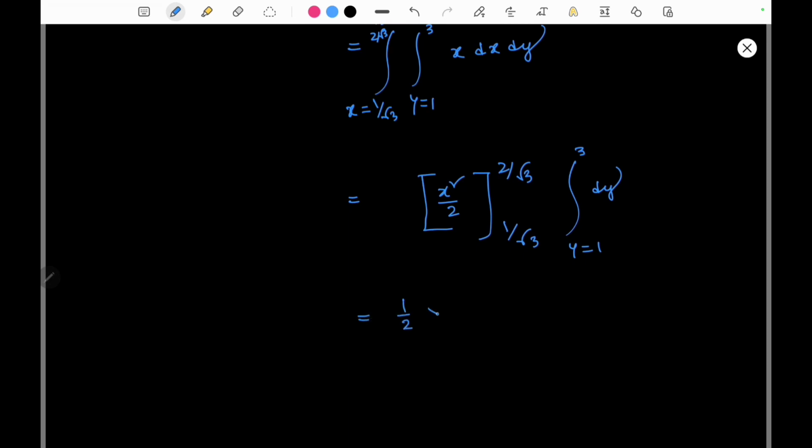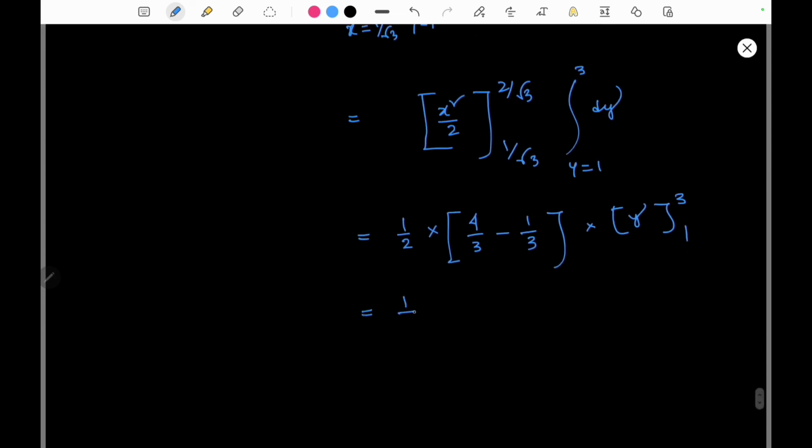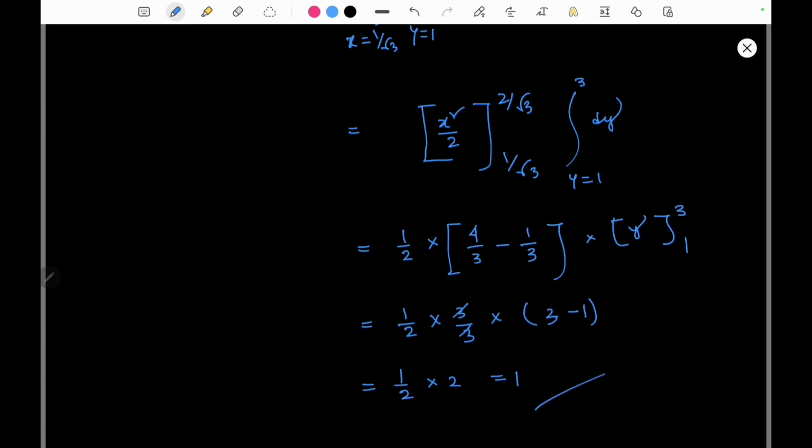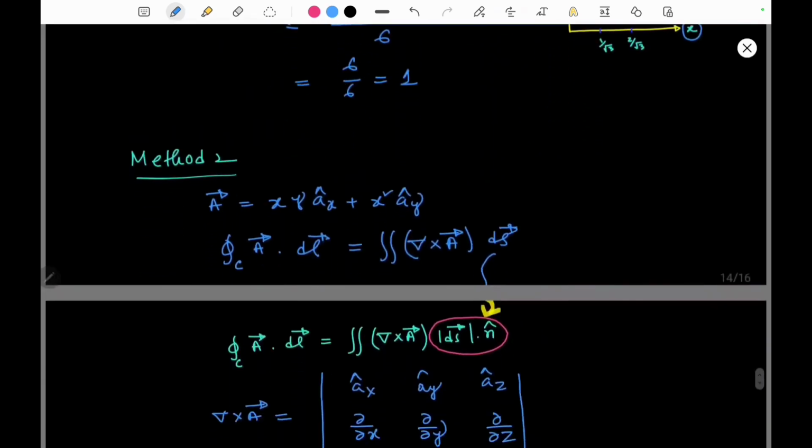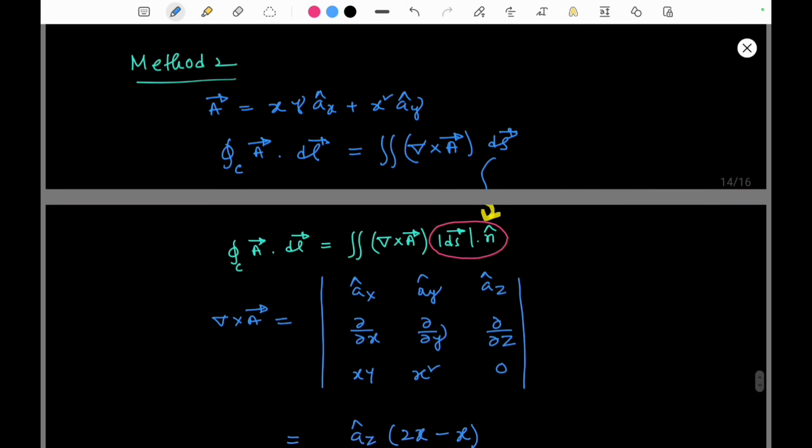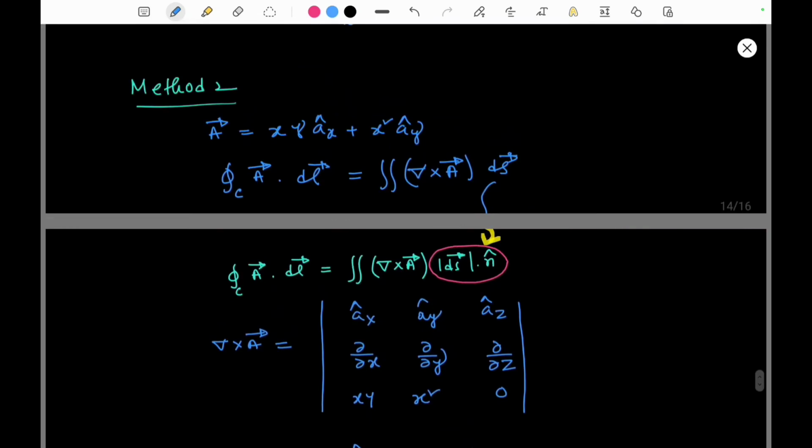Now 1 by 2 into 3 by 3 minus 1 by 3, now y from 3 to 1, 1 by 2 into 3 by 3 into 2, 3 minus 1. So we are getting here 1. So I can see that method 2 is easier than method 1. So we can solve this question with method 2.